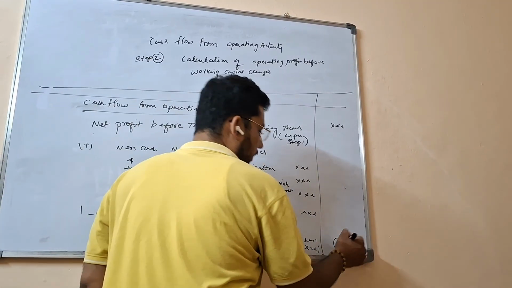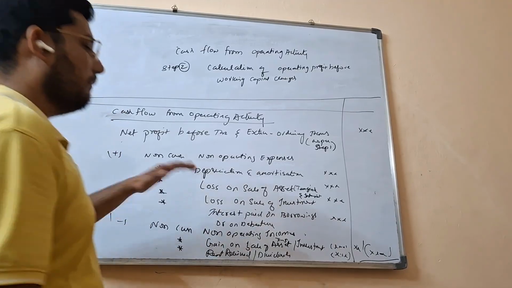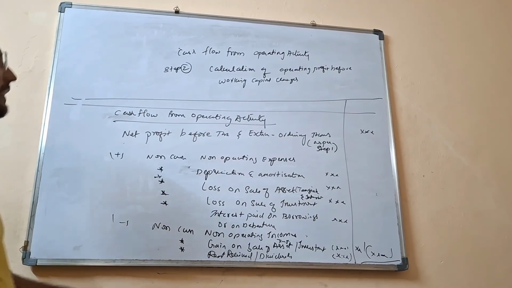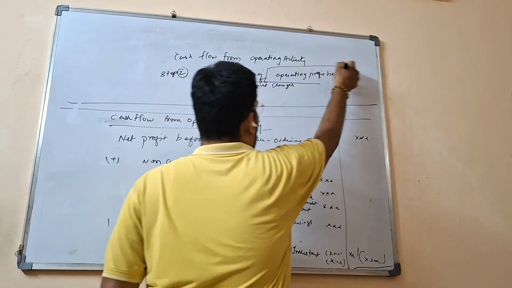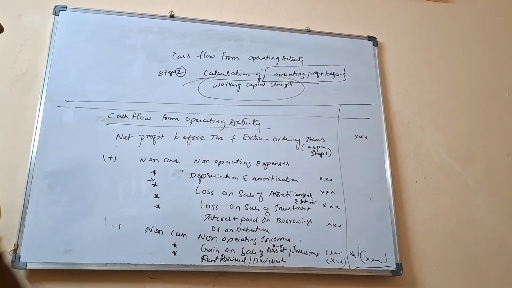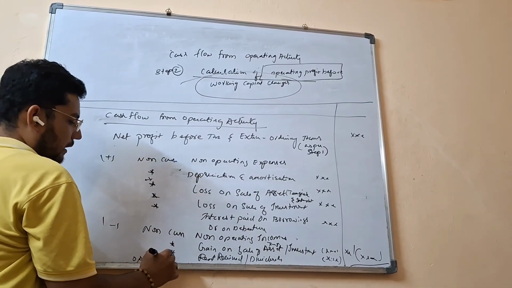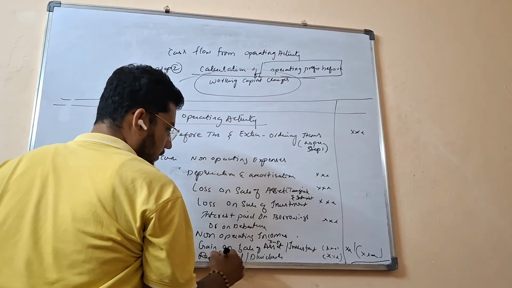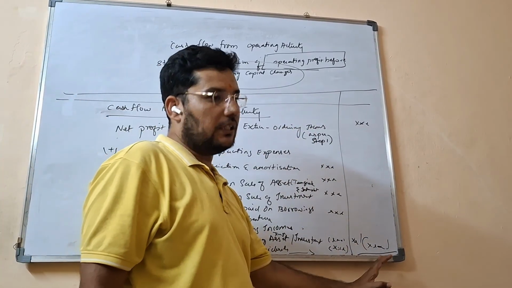This final amount can either be deducted or added. Whatever balance we get is considered to be operating profit before working capital changes.